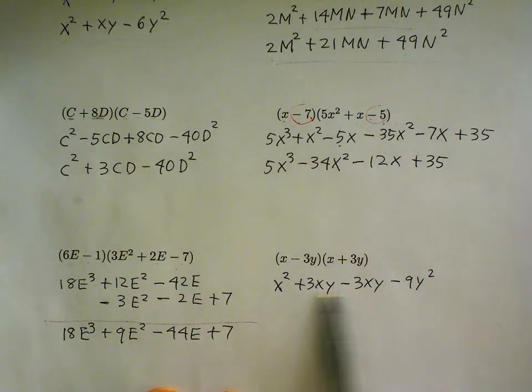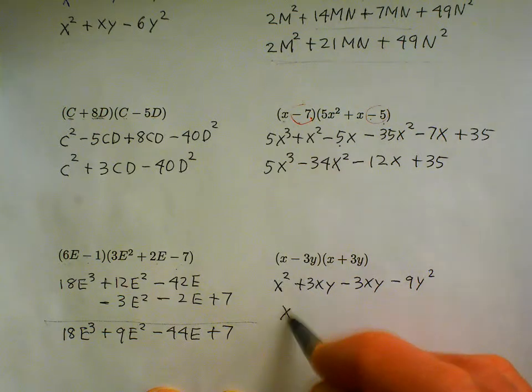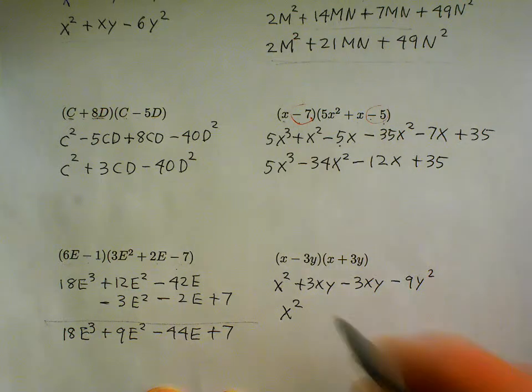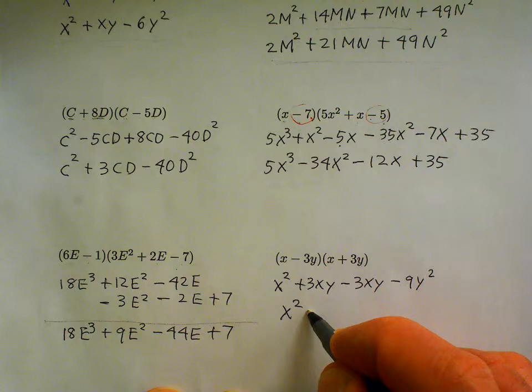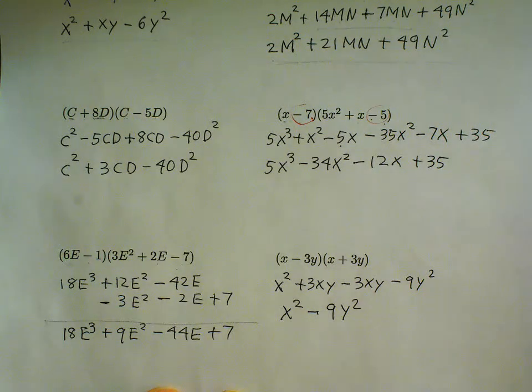The two middle terms are like terms, and those combine to give us 0. So we have x squared plus 0 minus 9y to the second, so we'll just write x squared minus 9y to the second. Okay, so the two like terms in the middle added up to be 0.